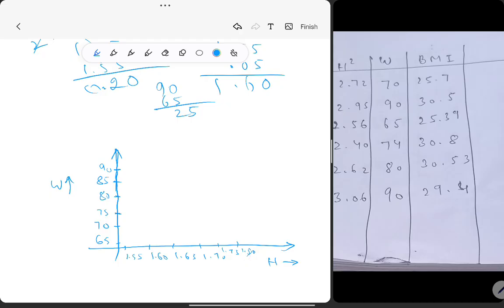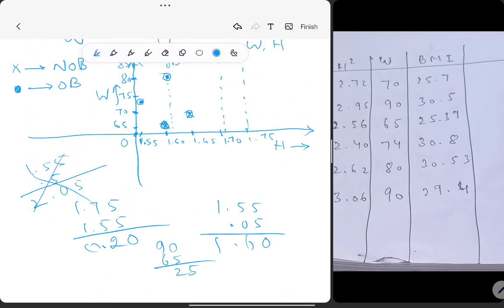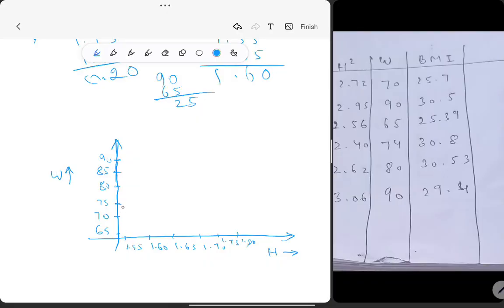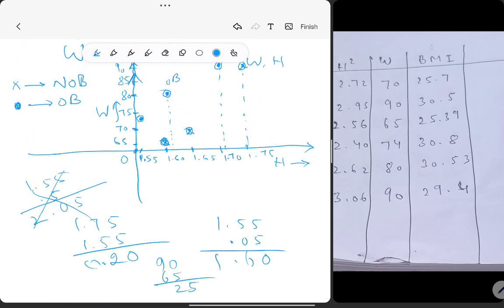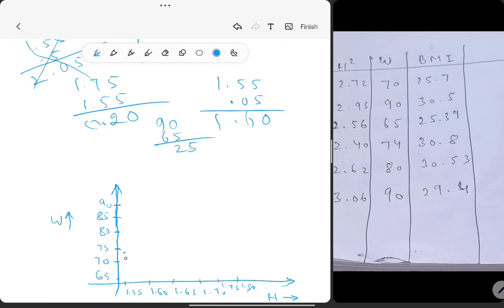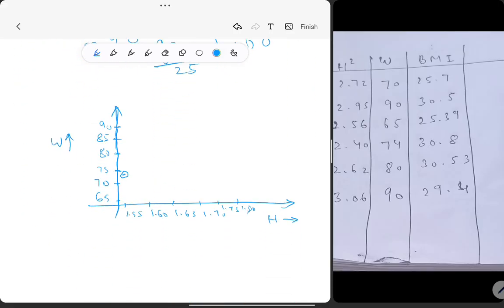One point is here, 1.55 and 74. And what was his body mass index? He's obese, so a dot with a circle. Then 1.60, where is that? That is here. It is non-obese.